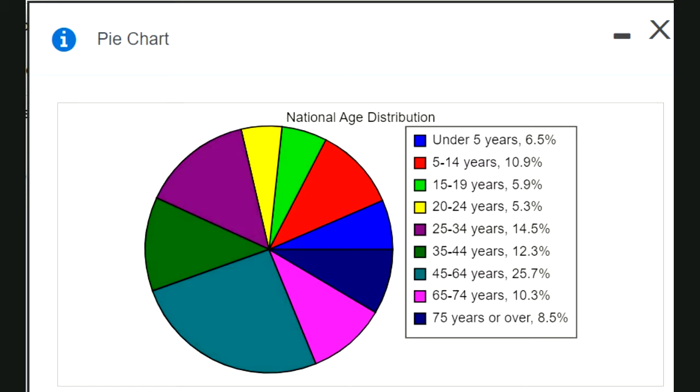When you added those 3, so we have 25.7 plus 10.3 plus 8.5. Now these aren't going to be the answers to yours. I just noticed that they give you a different pie chart every time you do the problem. So you need to make sure that you look at your pie chart before you put answers in. So it's going to have different percents. But what did you guys get when you added those 3 percents on this particular pie chart? So you have to add those last 3 age groups.